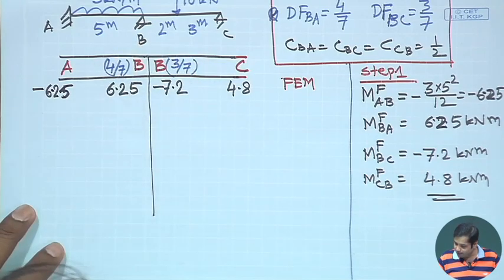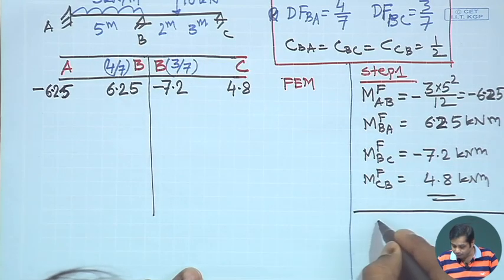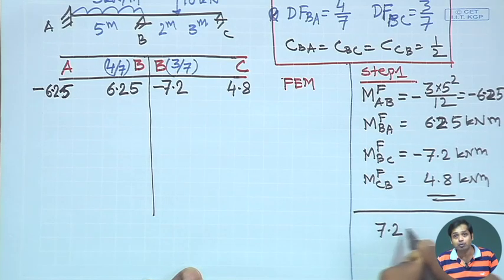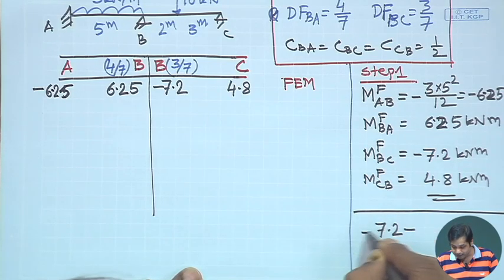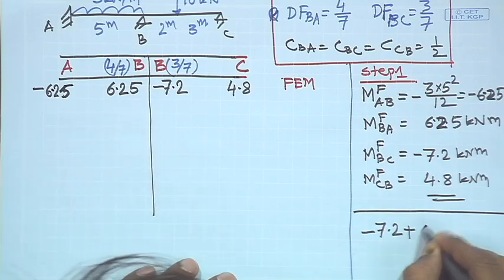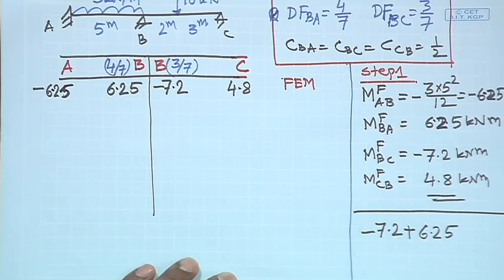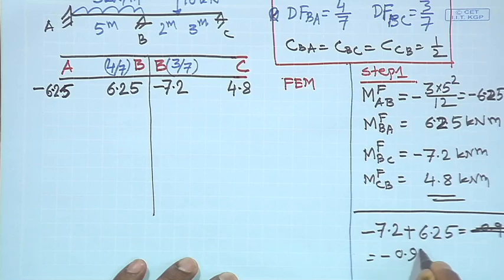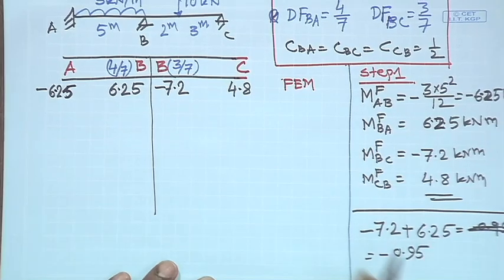So the unbalanced moment in this case is minus 7.2 plus 6.25, which is minus 0.95. This is the unbalanced moment.